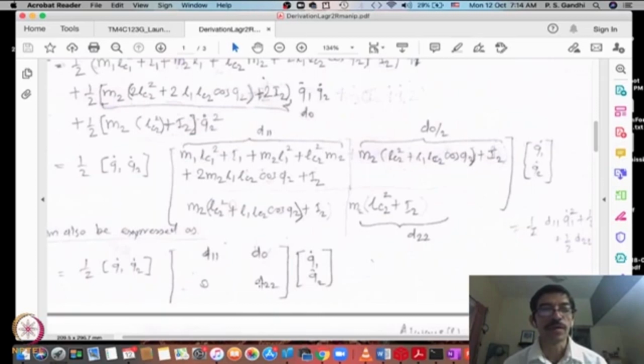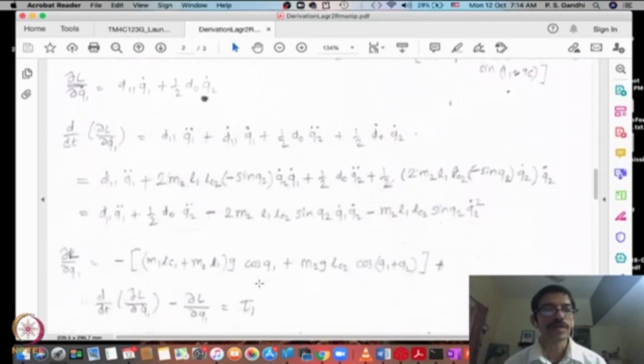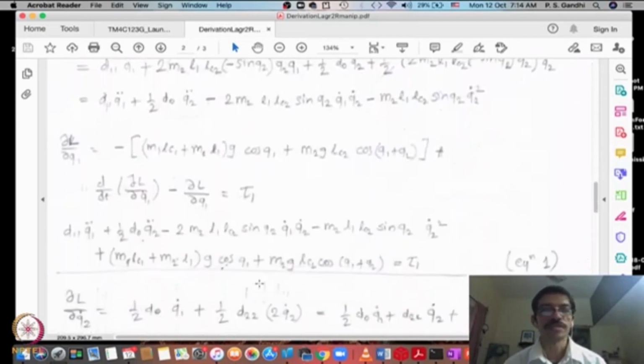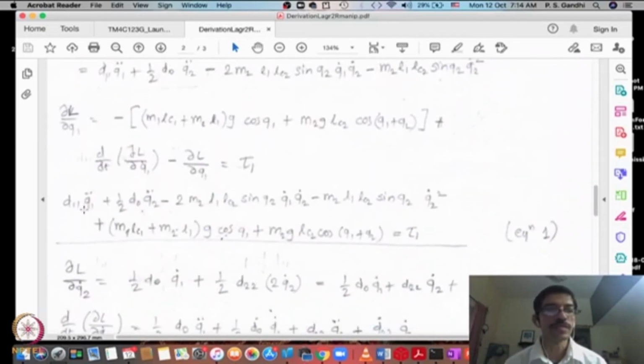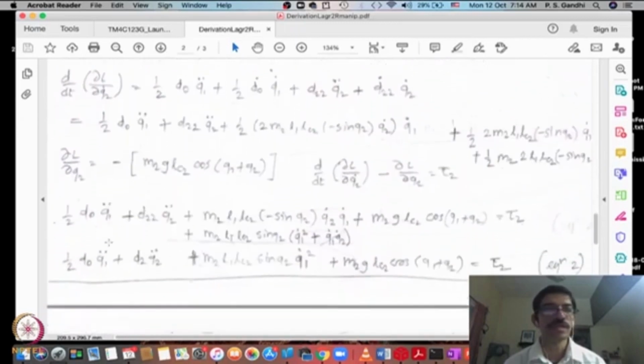Now you can see that the same matrix appears in the final expression of the equations. In equation 1, this term is D11 Q1 double dot and half D0 or D12 Q2 double dot. These terms appear here in one equation, and in the second equation it's again half D0 or D21 Q1 double dot and D22 Q2 double dot.